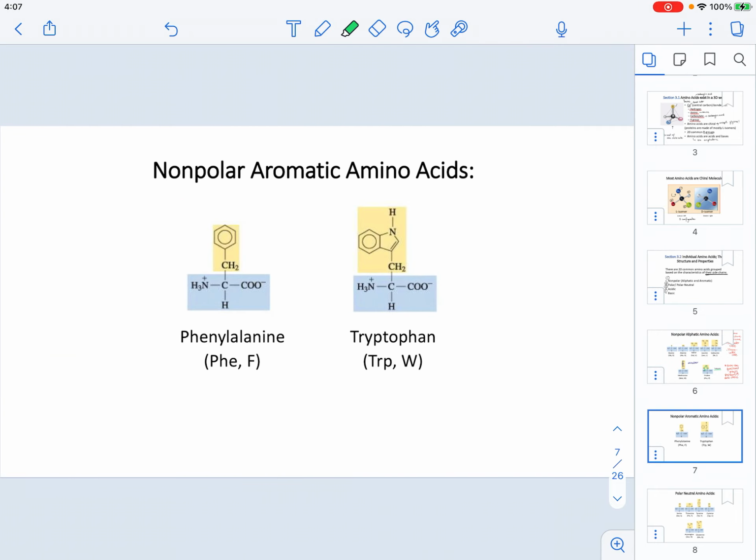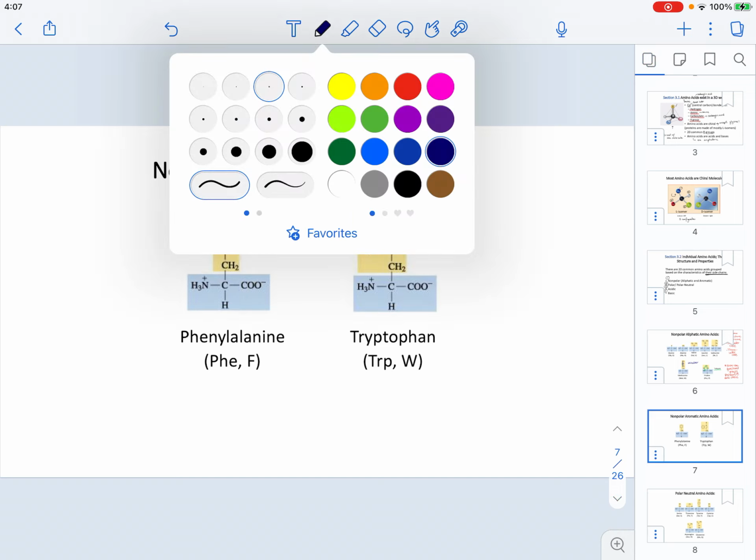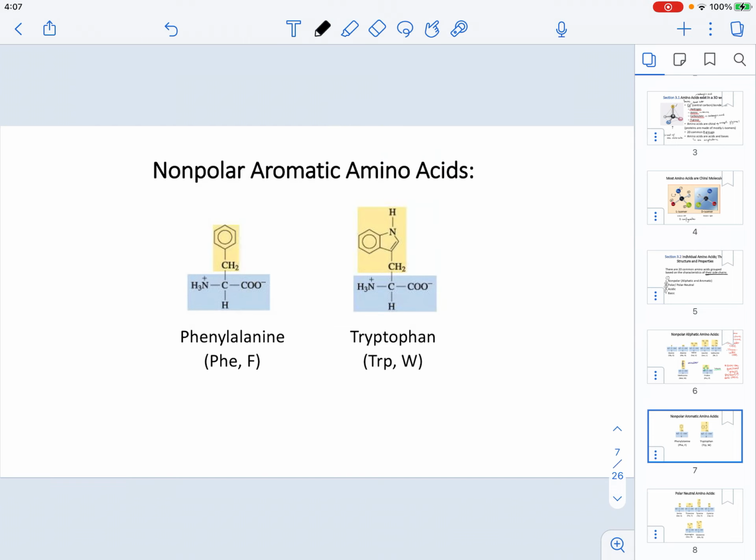Let's continue talking about the amino acids. So out of the nonpolar amino acids, we also have amino acids that are aromatic. And as you can see, as part of that, we have phenylalanine and tryptophan. Phenylalanine specifically has a benzene ring, so it has an arene group.